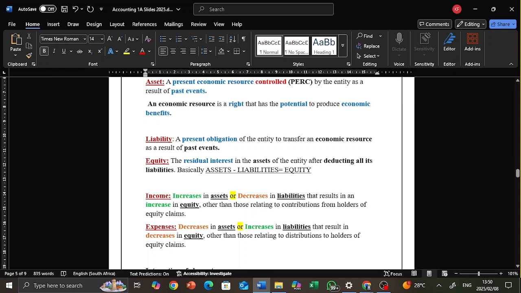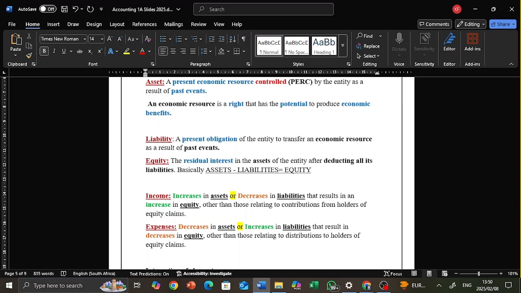Okay? Contributions from holders of equity claims would essentially be like dividends that we may owe to people, preference shares, share issue costs. All right, those are other equity claims that need to be paid for and accounted for. Right, so those would not be included in income.